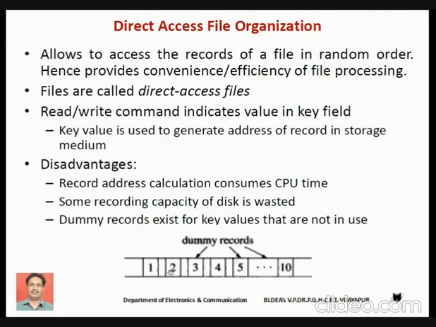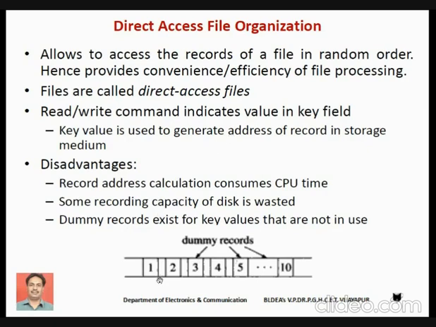The second record will be available from the 11th location to the 20th location, and so on. So based on the key field, the operating system is going to find the location of that record in direct access file organization.